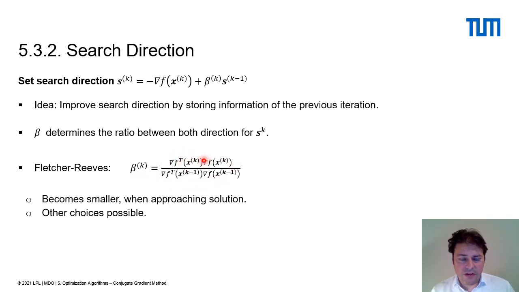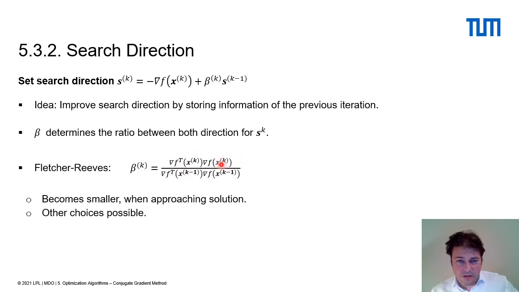So you can think of this as the dot product of the current gradient divided by the dot product of the gradient of the previous iteration. These are the dot products with itself, and this is equal to the absolute value squared.